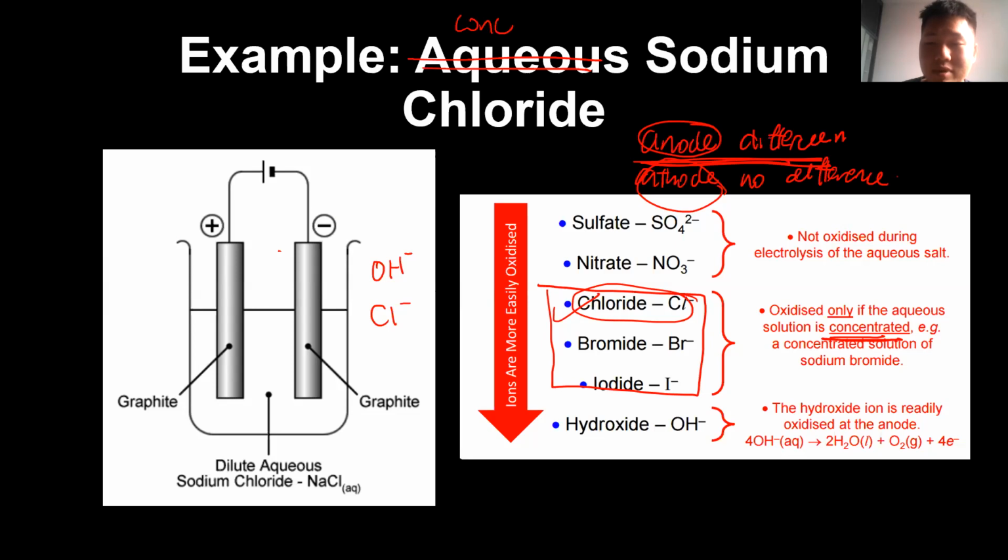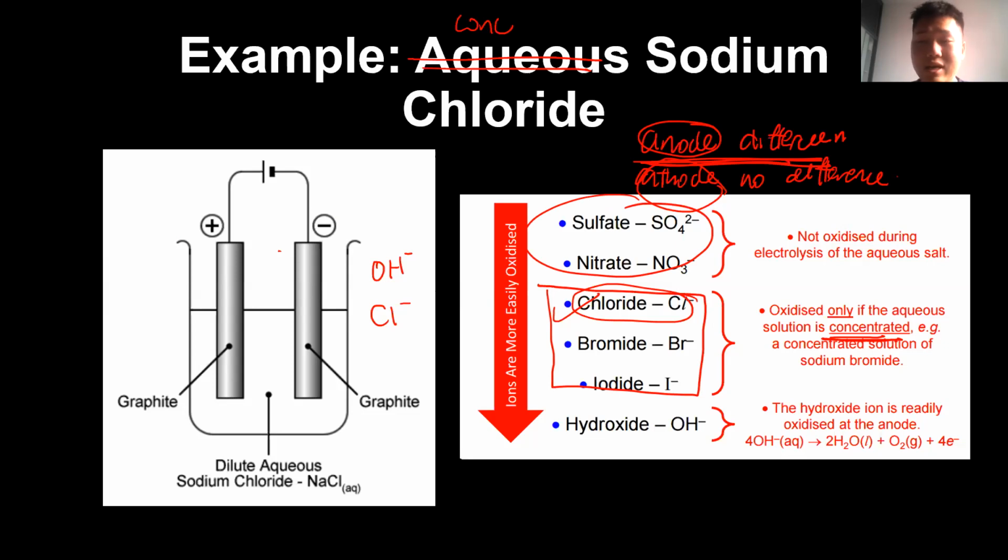We have to remember that for aqueous solution, hydroxide will be preferentially discharged. But for concentrated solution, the halides, the chloride, bromide, and iodide ions will be preferentially discharged. One thing to note is that sulfate and nitrate ions will never get discharged in electrolysis, because the bonds are very, very strong and it requires a very large amount of energy to break them apart.